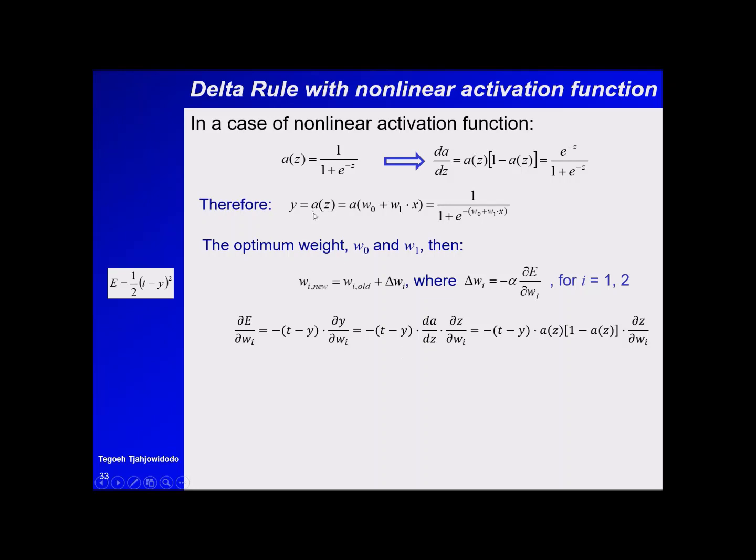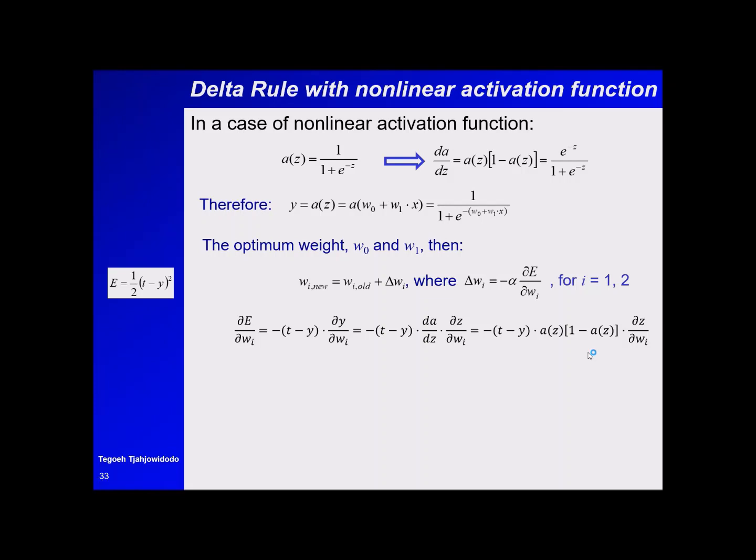Let's just follow this because y is equal to a(z) and z appears as a function of w. So dy/dw will be equal to dA/dz times dz/dw. Since we already derived what dA/dz is, I can just simply substitute the first derivative of a with respect to z here, and then at the end I will end up with this expression.